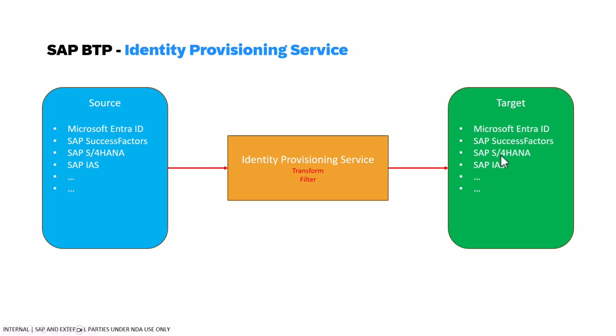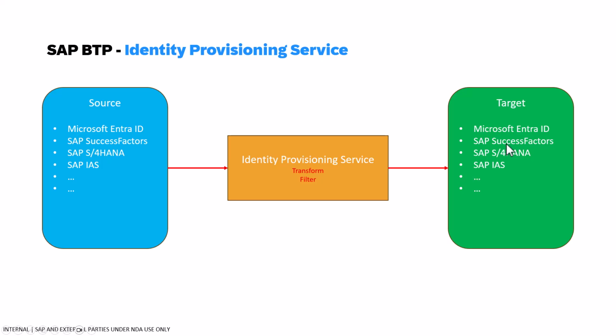The SAP S/4HANA system is the one that checks whether the user can access that table or not. All the authorizations happen on the SAP S/4HANA side, which also means that the user identity needs to reside here as well. There should be a user so that SAP S/4HANA can check whether that user can access that table.